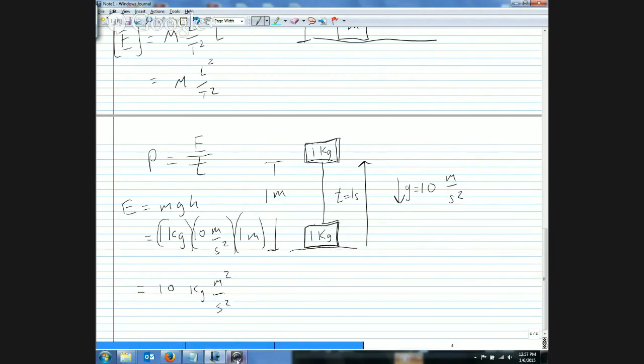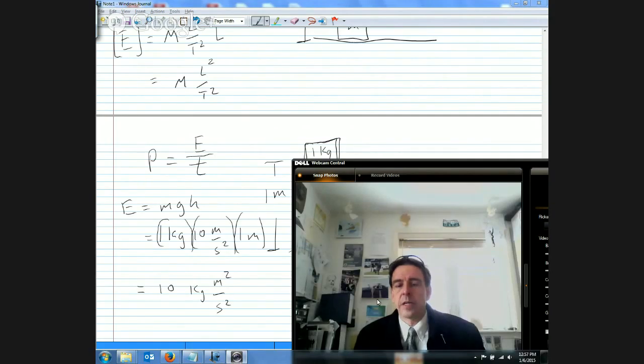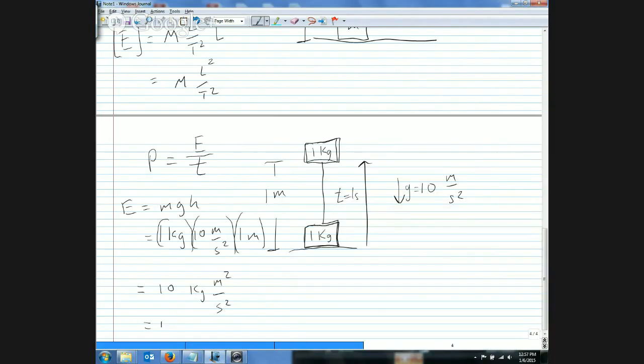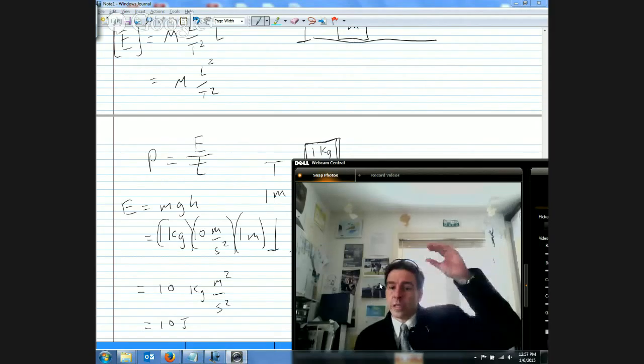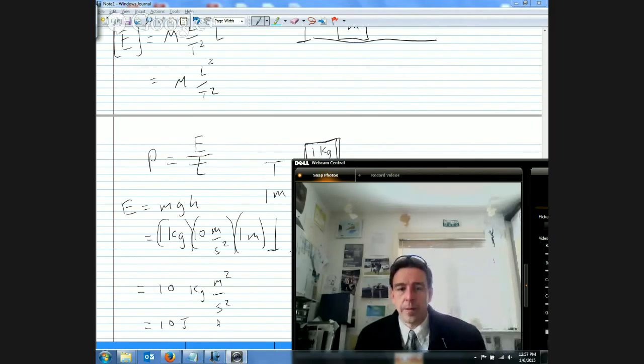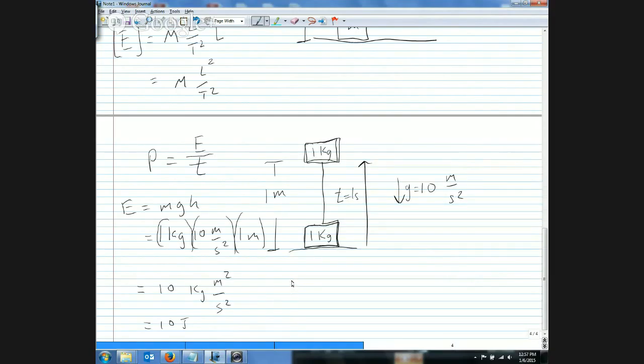Now, as it turns out, this is very convenient in international units, in that a kilogram meter squared per second squared is just a joule. So that equals 10 joules. Now, what I said before, I'm going to do this over 1 second, and I'll use my equation.